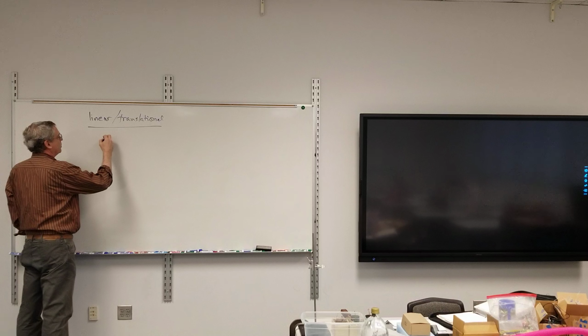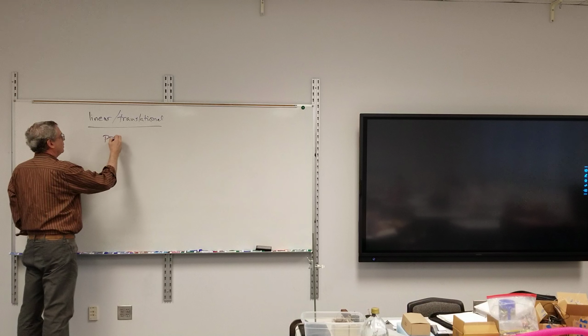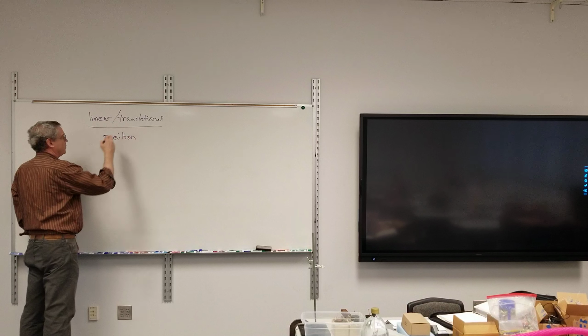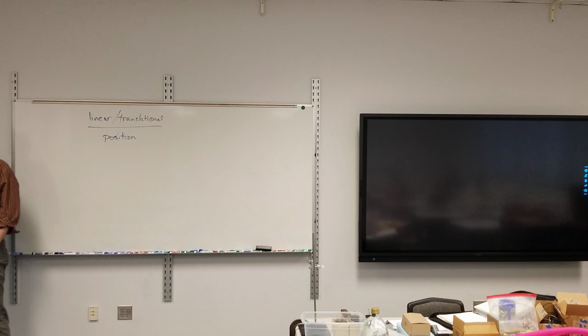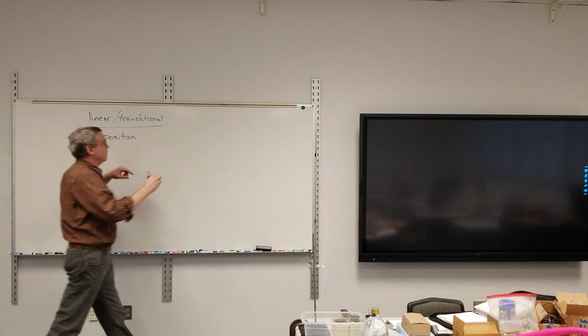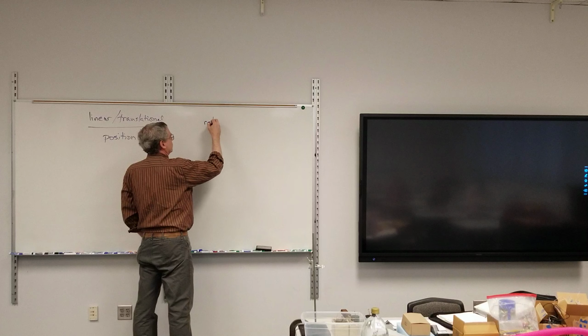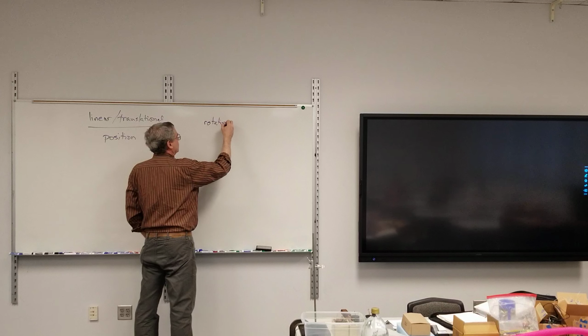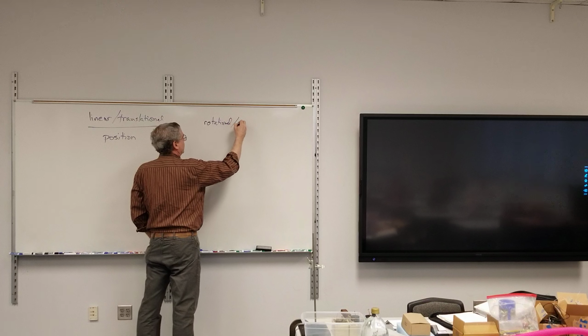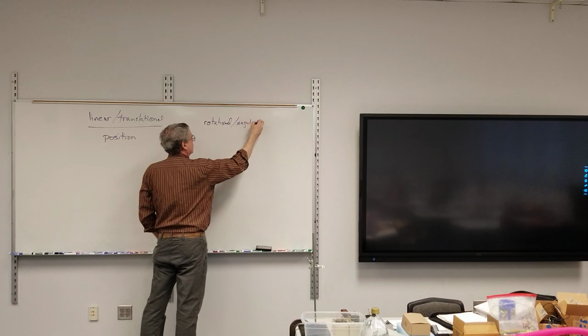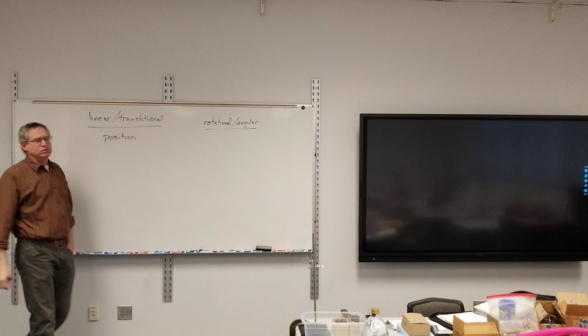So why don't we start off with position. Now, we generally just say the position, we don't say linear position, it's sort of understood. But there is a rotational equivalent or angular equivalent, so rotational slash angular. And again, these terms are interchangeable.